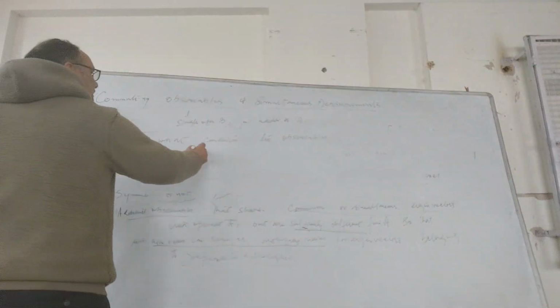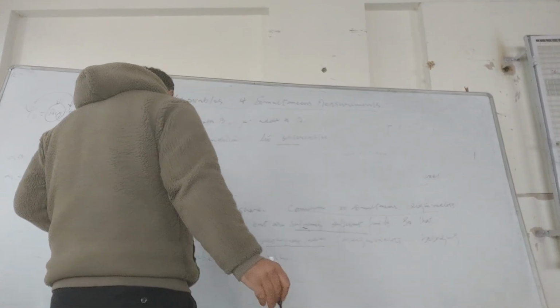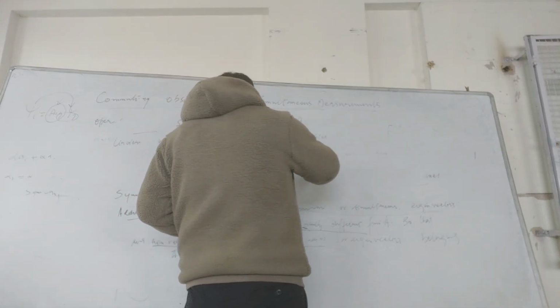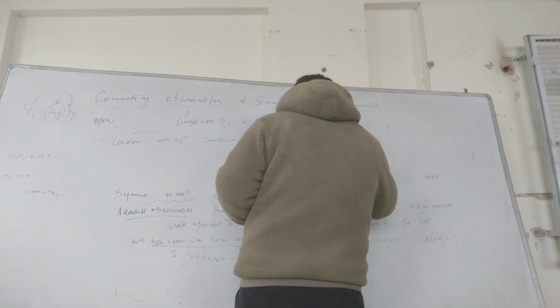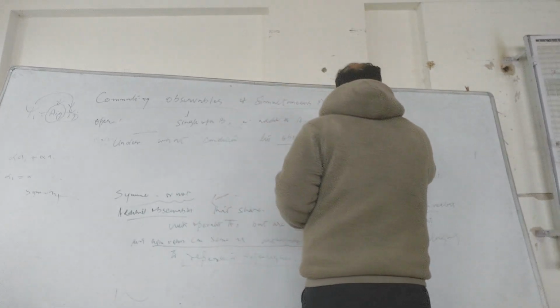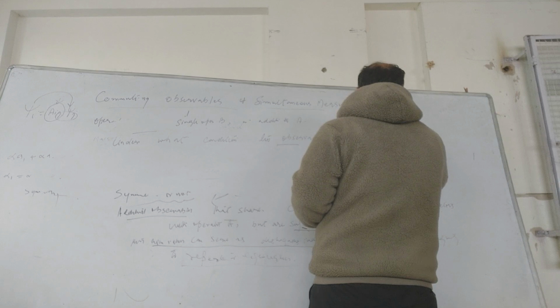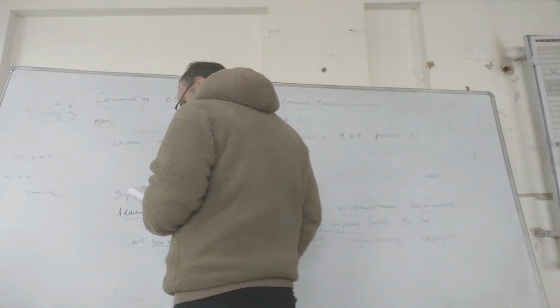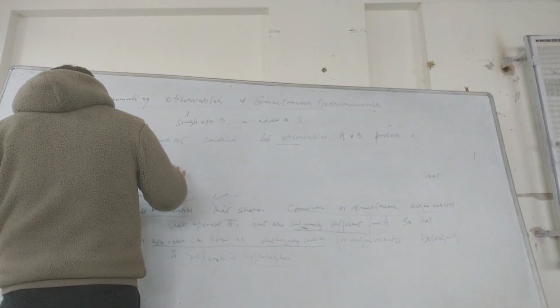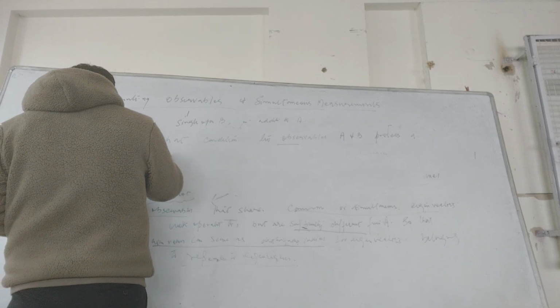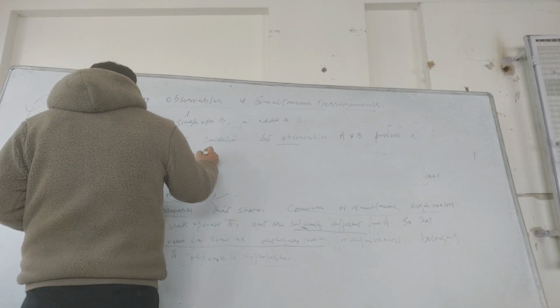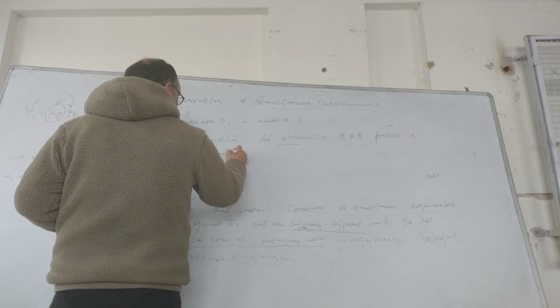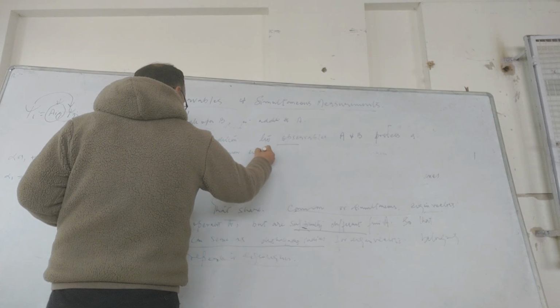So under what conditions two observables A and B possess a complete set of common eigenvectors.